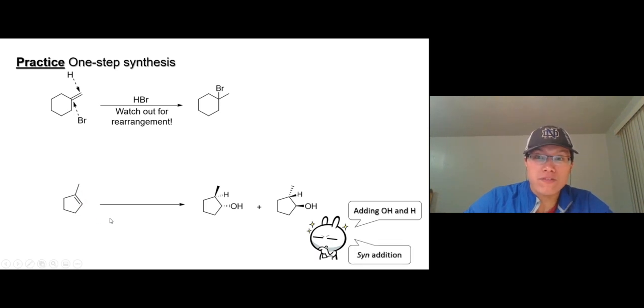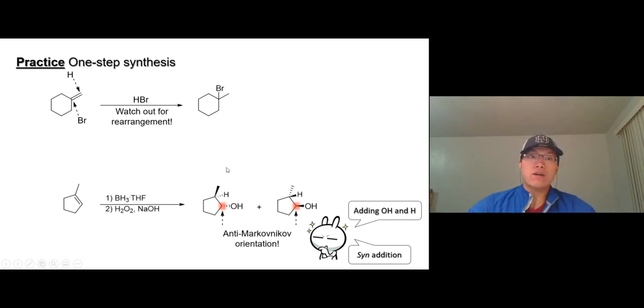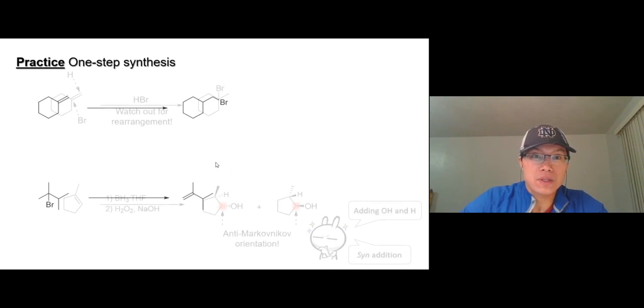This is anti-Markovnikov, and also syn addition. So dash and dash, and then wedge and wedge. So syn, on the same side. There's only one reaction you can do for anti-Markovnikov addition of water, hydration. We use borane. Hydroboration-oxidation.